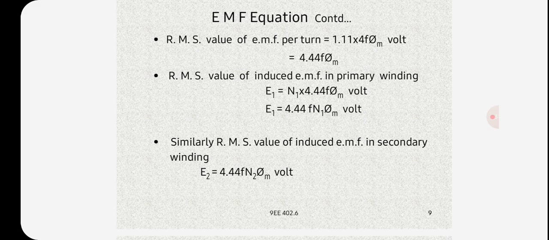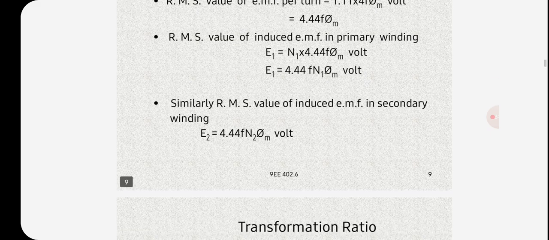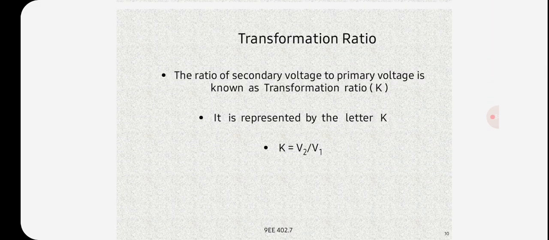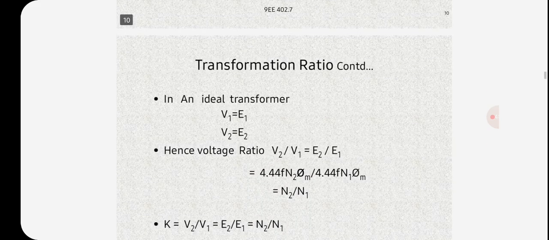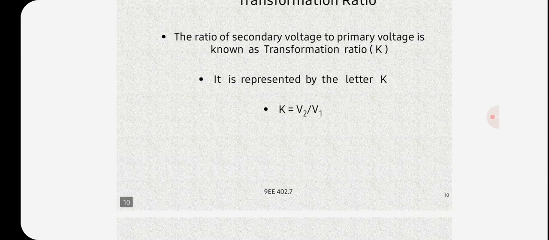So from these two equations, equation 1 and equation 2, we can write E1 by E2. So we can get E1 by N1 is equal to E2 by N2, that is equal to 4.44 f phi m.